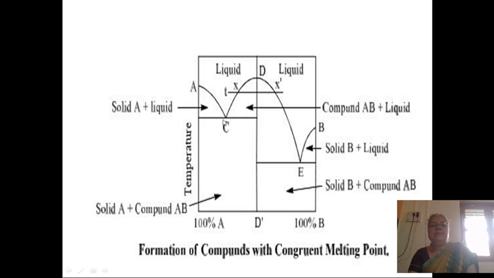Below this line we have only solid A and solid AB, and below this line we have solid B and solid AB. So these areas are called solidus. This is the explanation of the two component systems with formation of a congruent melting point.